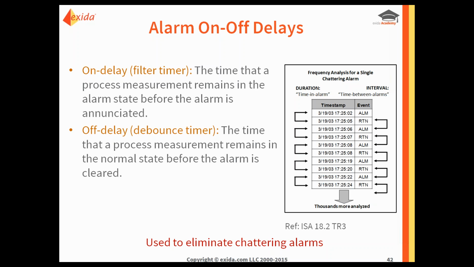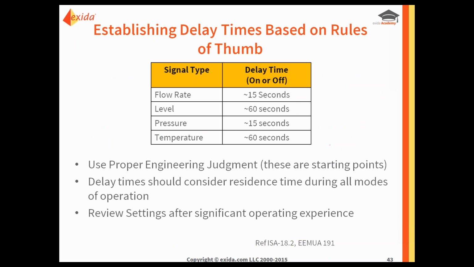In addition to deadbands, there are also parameters called on delays and off delays, which relate to delaying the enunciation of the alarm to the operator for a certain period of time to make sure that the condition stays true. And the reverse of that is the off delay, which is the delay of the clearing of the alarm. So that can also be used to eliminate chattering alarms.